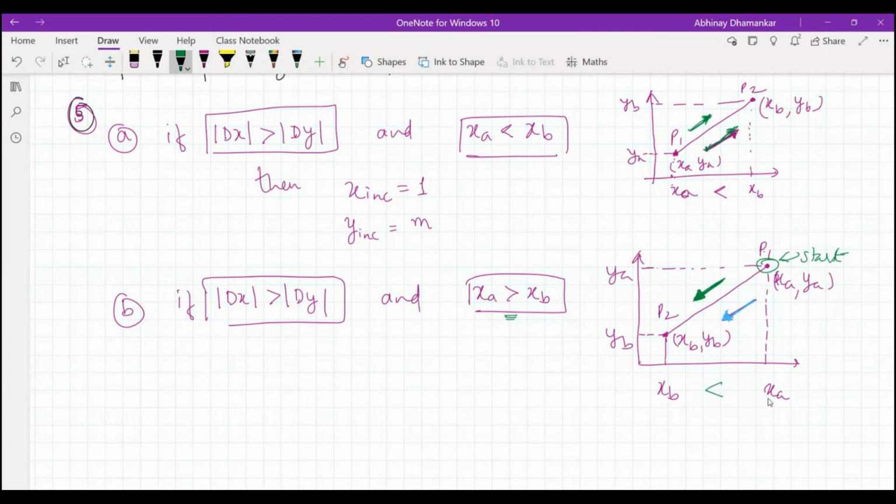Yes, this condition is satisfied. XA is greater than XB. This condition is satisfied here, and this condition is also satisfied here.